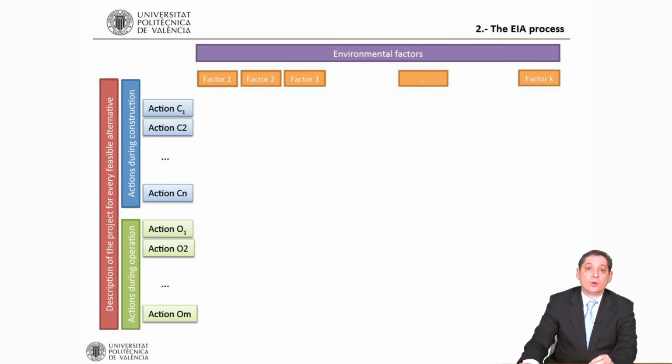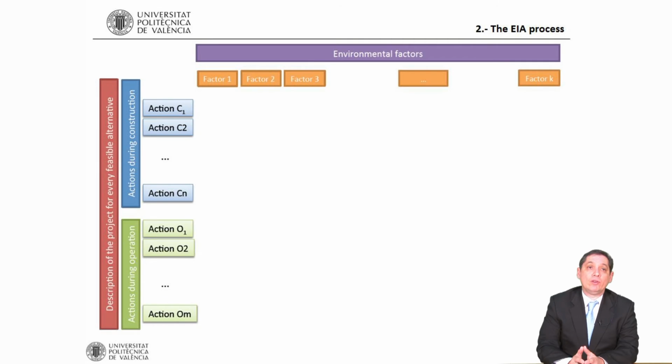We are going to build a matrix which analyzes the possible relations between all the actions in the construction, operation, and closing phases of the project and every one of the environmental factors. And we will ask ourselves if there is any relation between these actions and each one of these environmental factors. Probably there will be no relation between them.